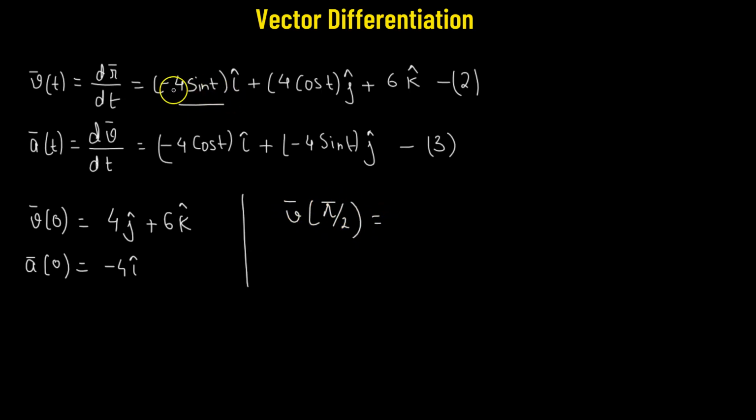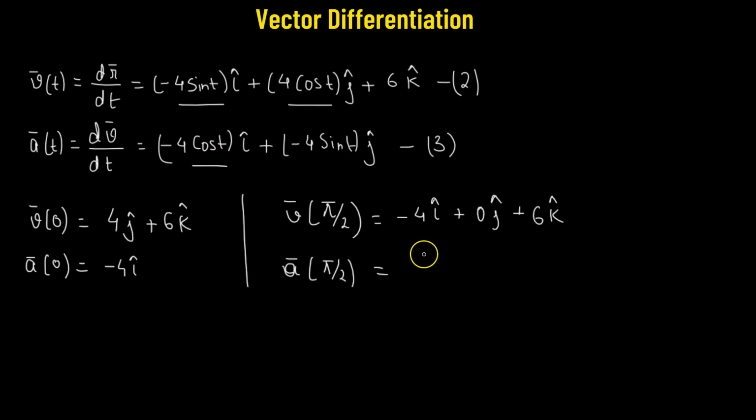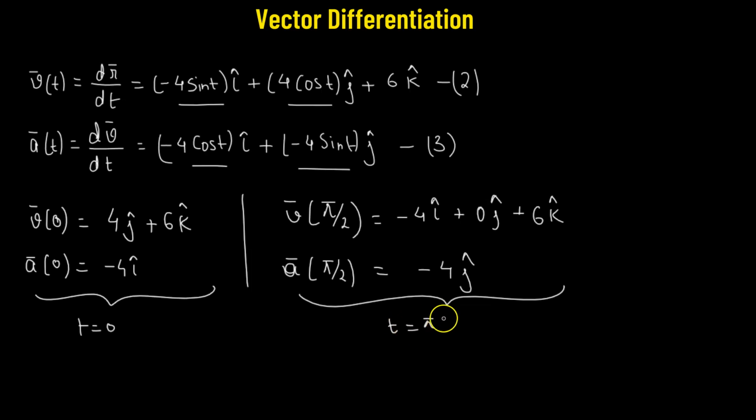The x component is negative 4 sine pi over 2, which is negative 4 i cap, and the y component is 4 cosine of pi over 2, but cosine of pi over 2 is 0, so we have 0 j cap plus 6 k cap. Then the acceleration vector at t equals pi over 2: negative 4 cosine of pi over 2 goes to 0, so we do not have any i component, and then negative 4 sine t gives negative 4 j cap. These are the values of the velocity and acceleration corresponding to t equals 0, and these values correspond to t equals pi over 2.